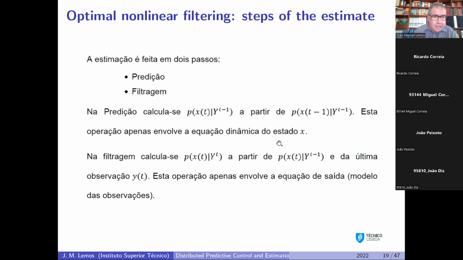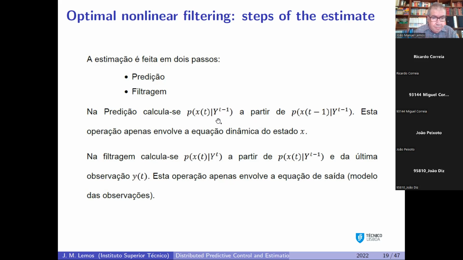So we are going to do this in two steps: prediction and filtering. In prediction, I'm computing the probability of the state at time t given the observations up to the previous moment, Y of t-1. Remember that capital Y means the set of observations up to time t-1.